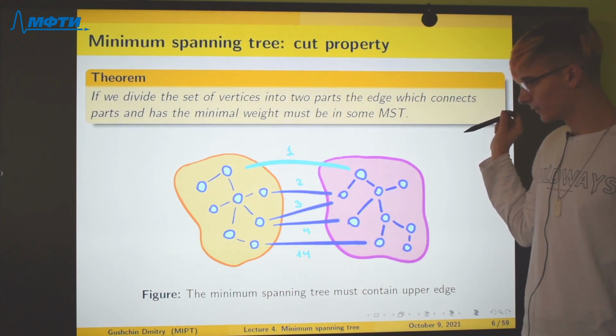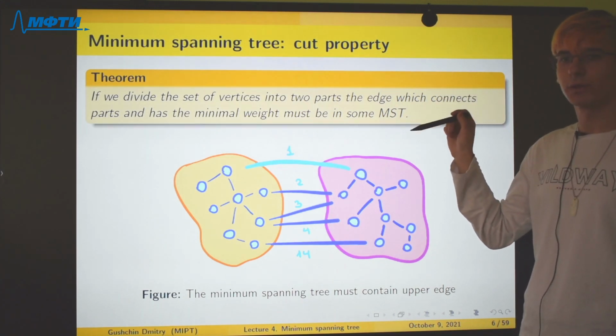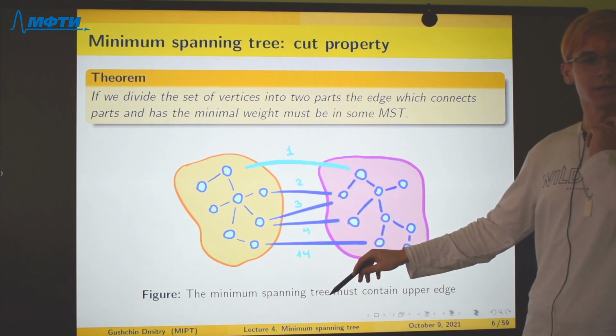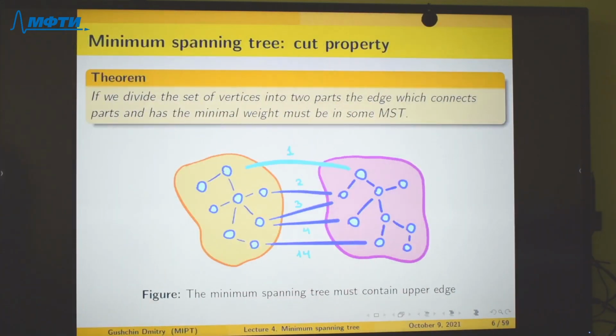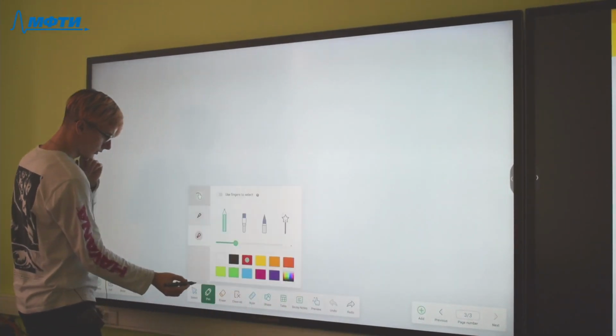It is very important for today's algorithm that this theorem is true. Do I need to set an example to understand why it is true in the common case? Okay. So, another graph.